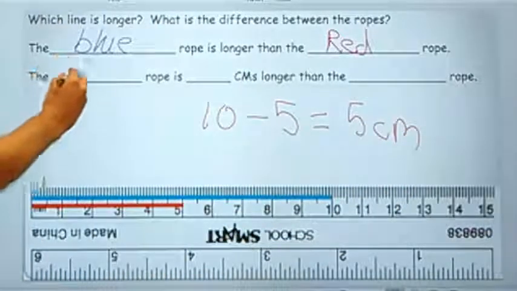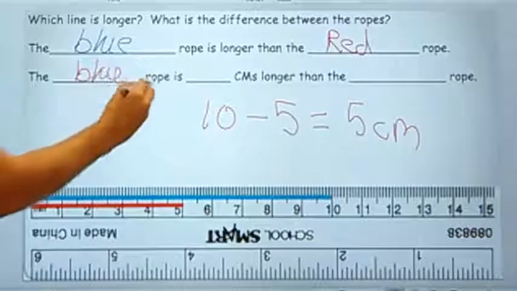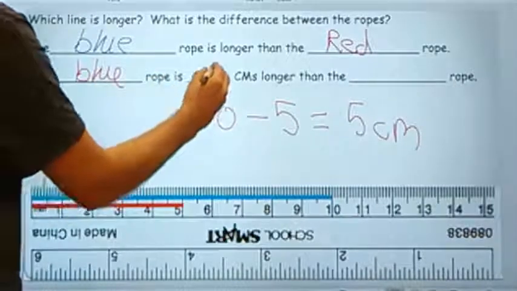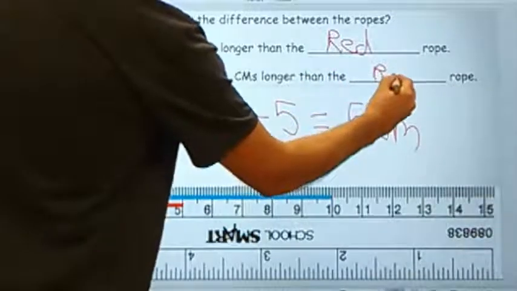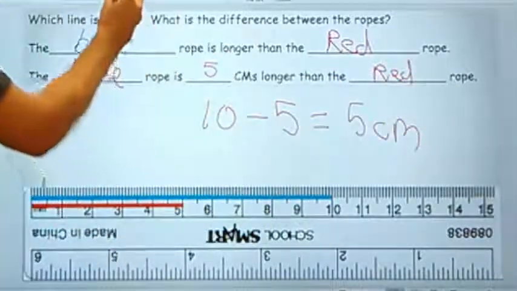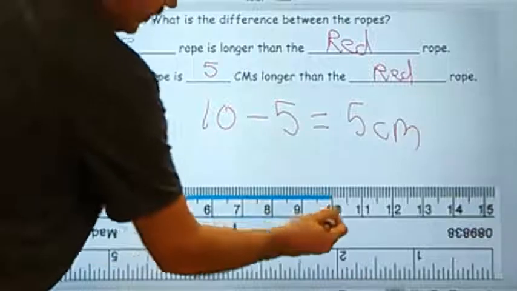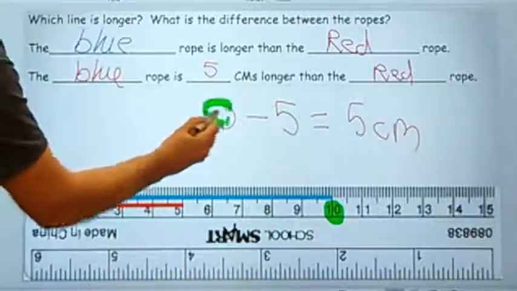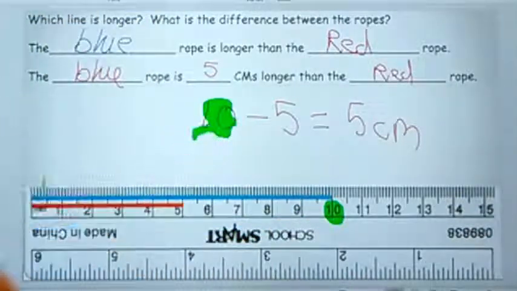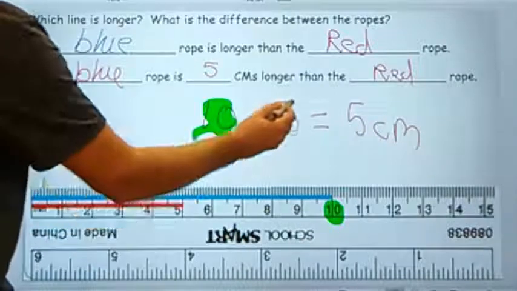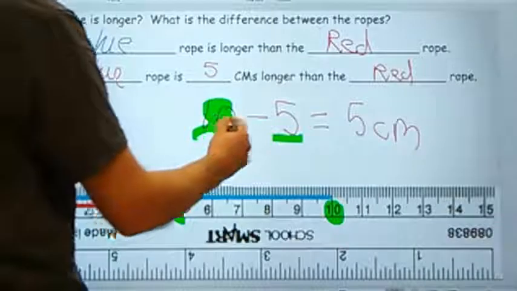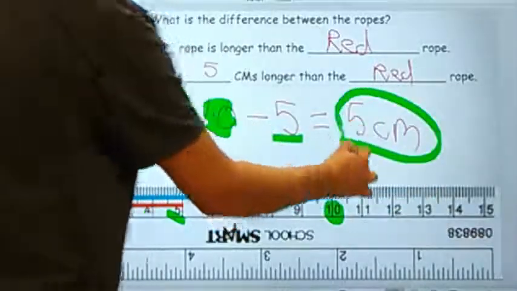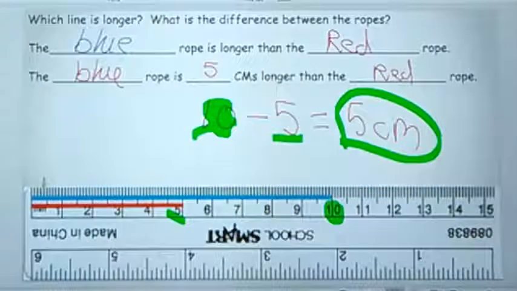So the blue rope is 5 centimeters longer than the red rope. The way that I did that was I took the larger number first, which would be 10, minus the smaller rope, the 5. And when I subtract those two, I get the answer, which is 5 centimeters.